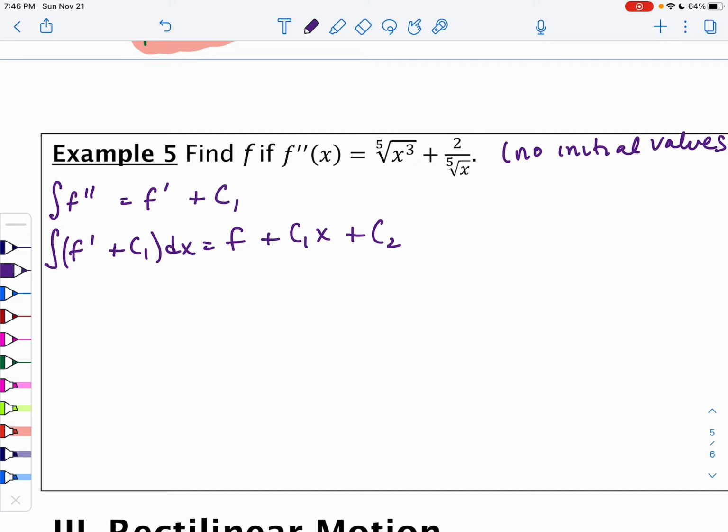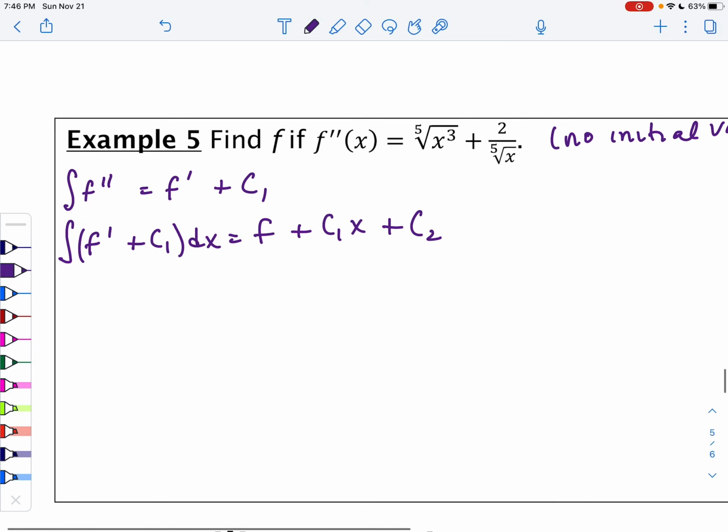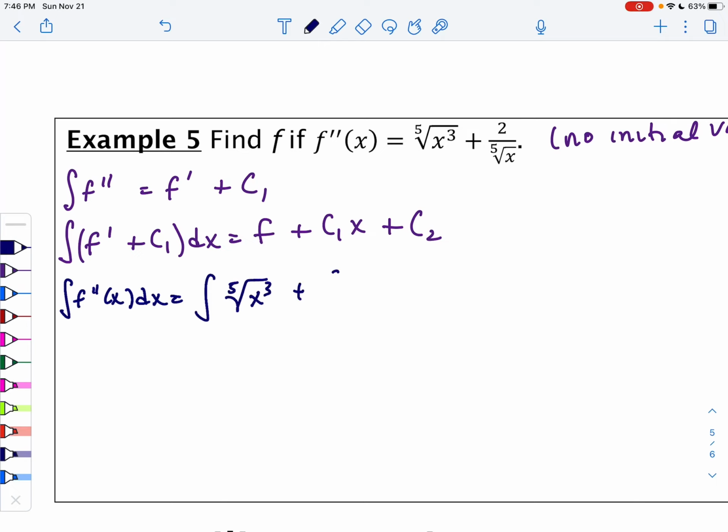And finding what function has derivative equal to. We know with the second derivative, we're finding what function, which is the first derivative, is going to have that equal to. So let's start with our second derivative. And that's going to be the integral of the fifth root of x cubed plus 2 over the fifth root of x dx.